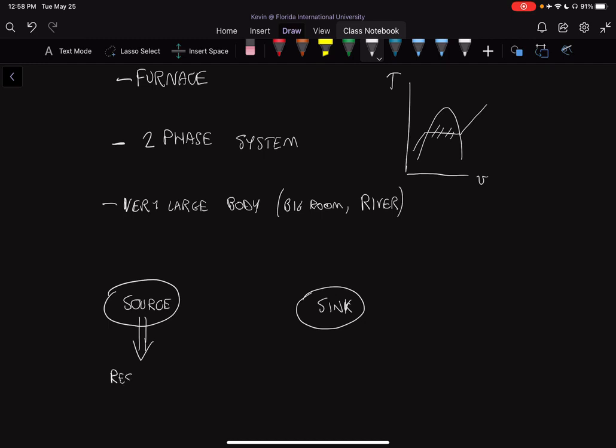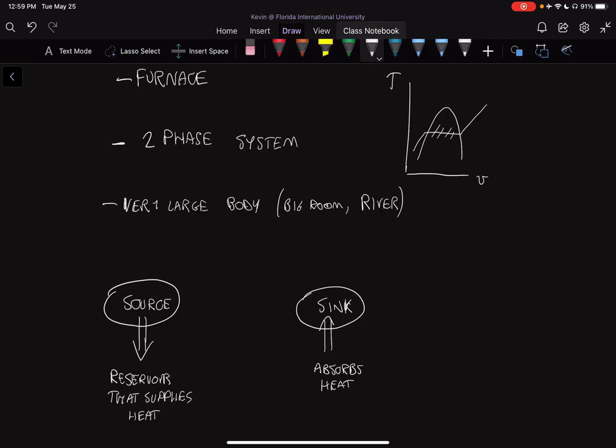A source is a reservoir that supplies heat, and it supplies heat at a constant temperature. So it's always at the same temperature. And a sink is the opposite, it absorbs heat. Okay, so a sink actually absorbs heat. So heat is coming into a sink.